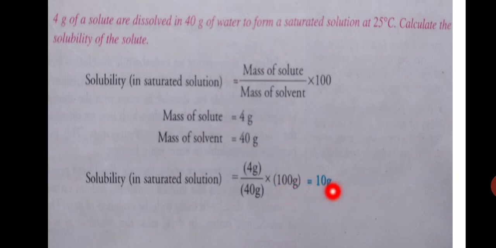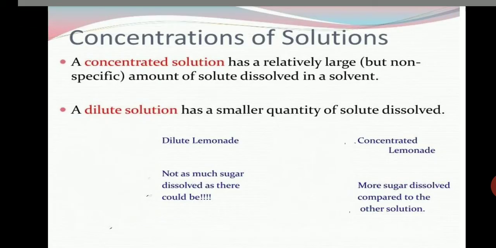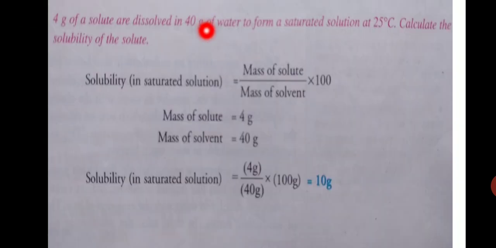So what does 10 gram mean? The maximum amount of solute that can be dissolved in 40 gram of water at 25 degrees Celsius is 10 gram. Did you understand? 10 gram of a solute can be dissolved in 40 gram of water at 25 degrees Celsius.